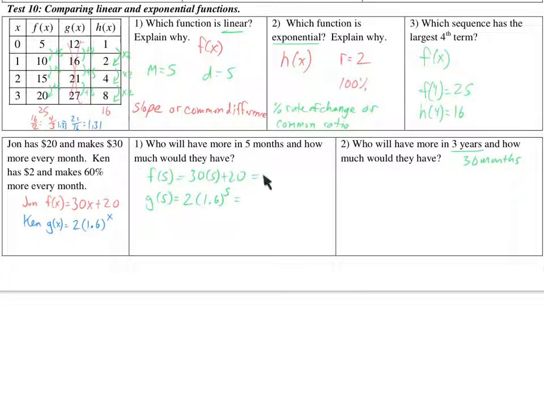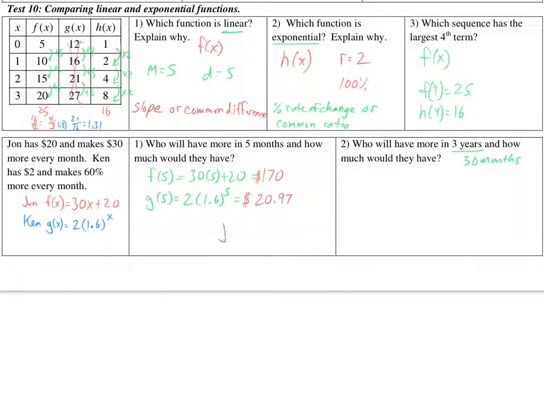When we do this math, 30 times 5 is 150, plus 20 is $170. Now, you can't do Ken without a calculator, but if you plug it in, you'll get $20.97.